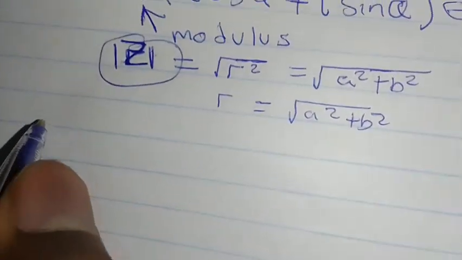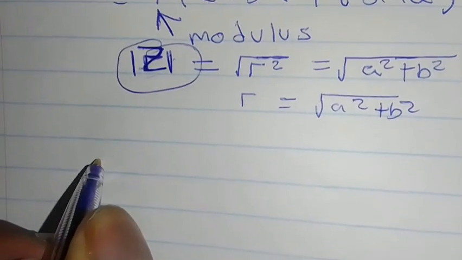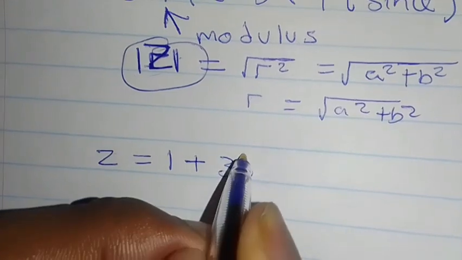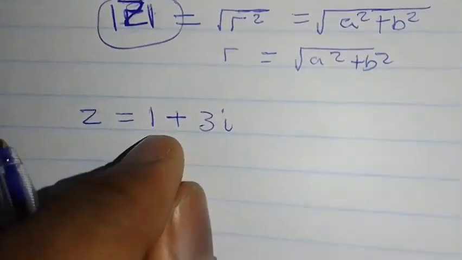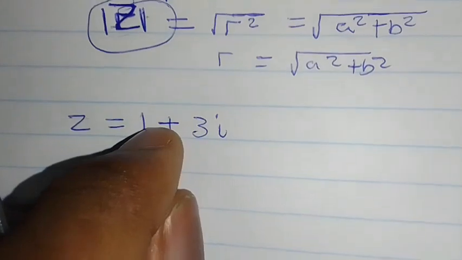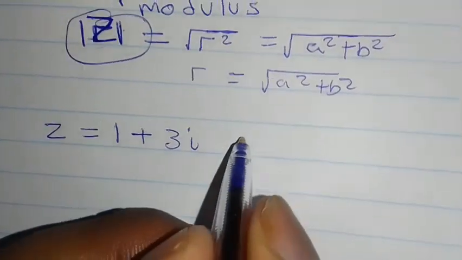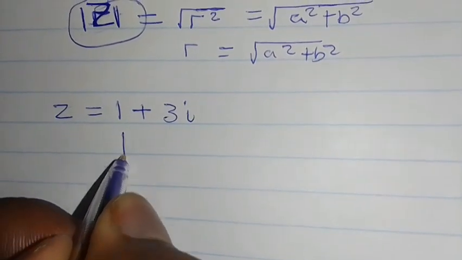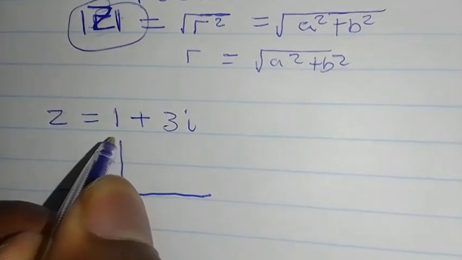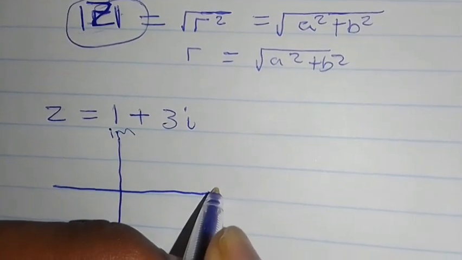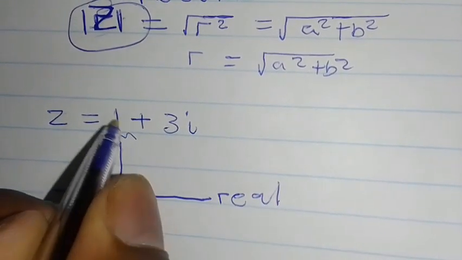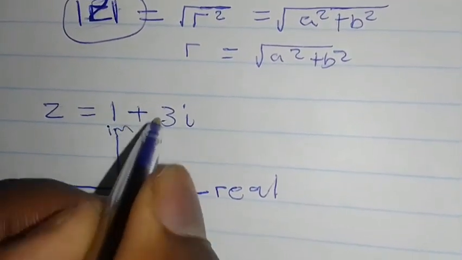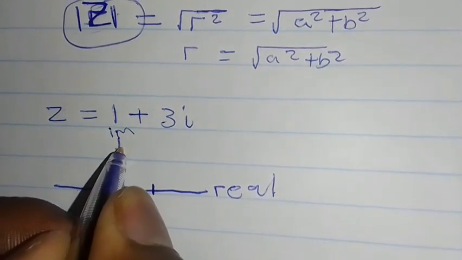Let me denote that with, let's say, z being 1 plus 3i. Write this in polar form. If you want to write this in polar form, you have to find r first. Let me represent that on a plane. You have an imaginary axis and a real axis. 1 on the real number line will be found somewhere here, and 3 is positive on the imaginary axis, so you'll find 3 somewhere there.